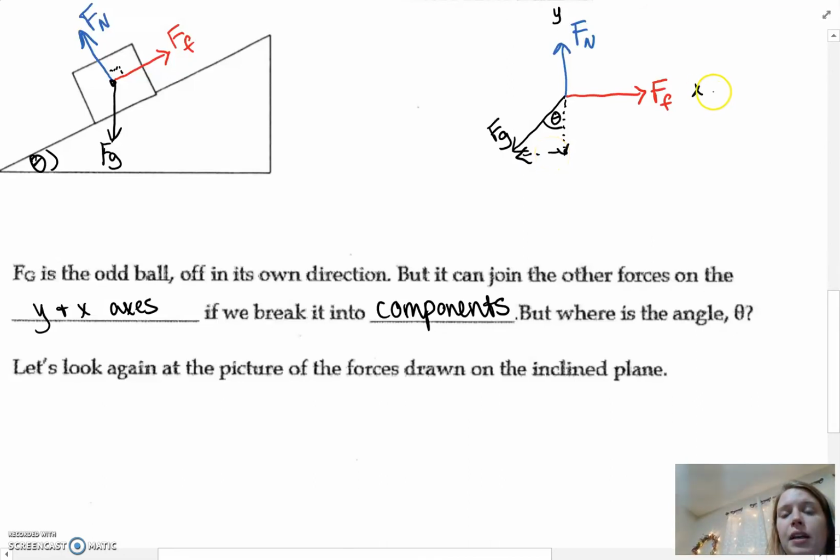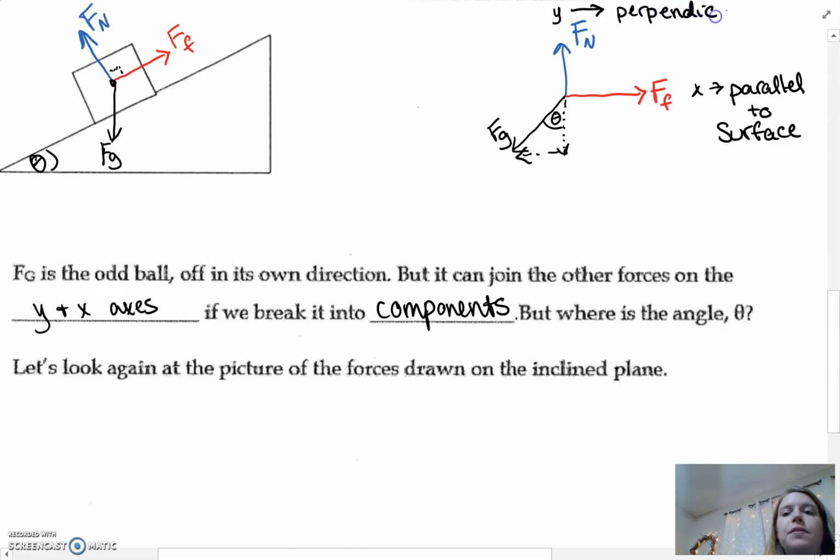What we're calling x is parallel to the surface, and what we're calling y is perpendicular, or normal, to the surface.